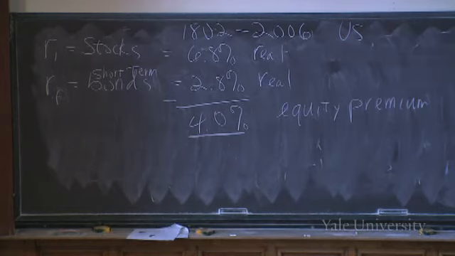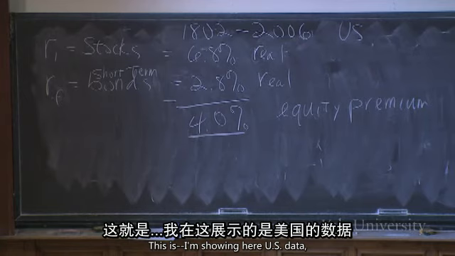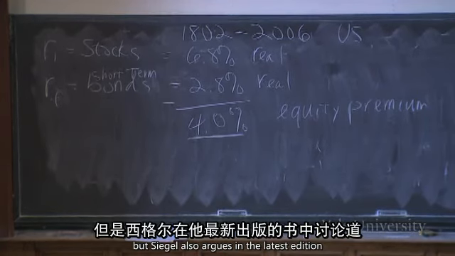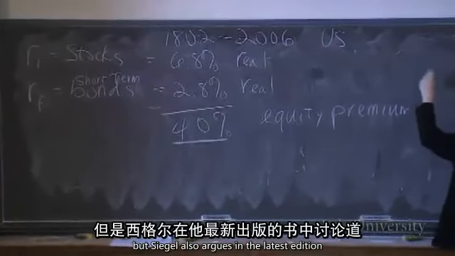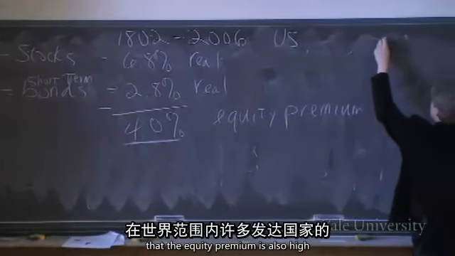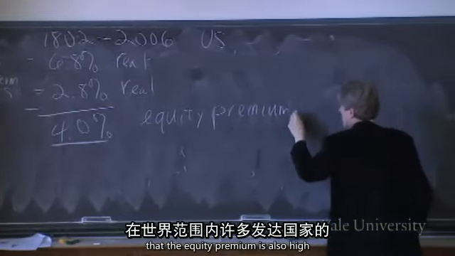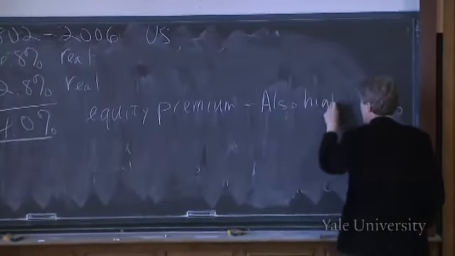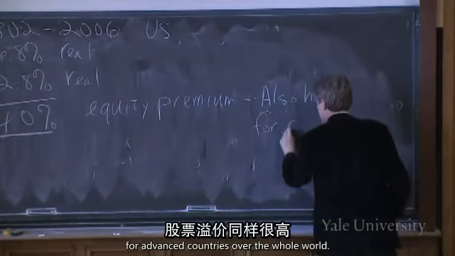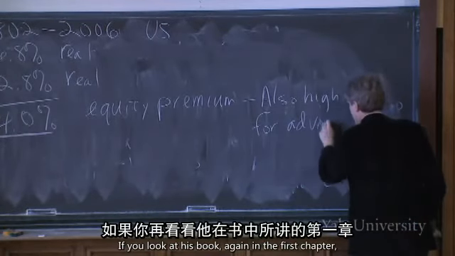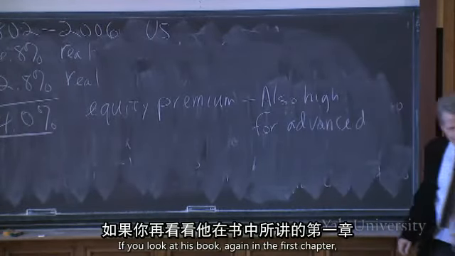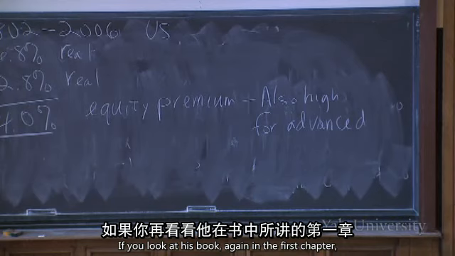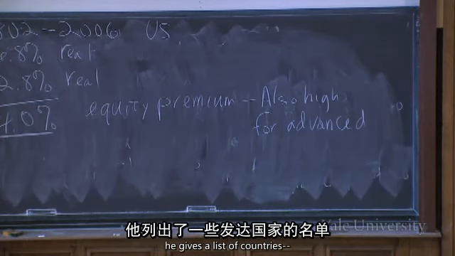I'm showing here U.S. data, but Siegel also argues in the latest edition that the equity premium is also high for advanced countries over the whole world. So if you look at his book, again in the first chapter, he gives a list of countries.